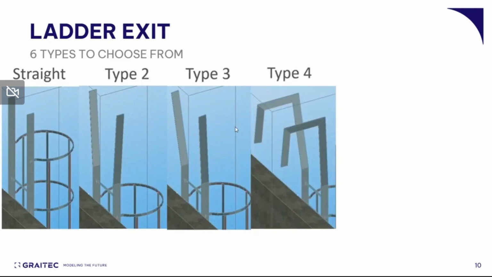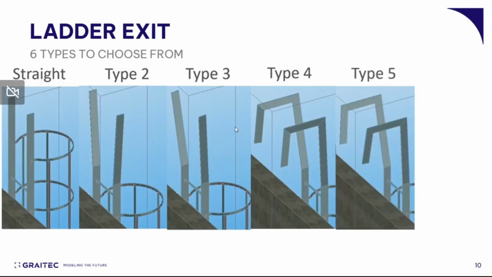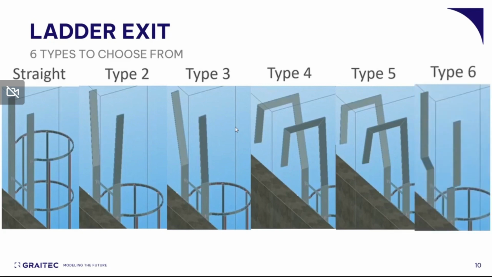Type 4, you've got a hook over the top, but the down part of the hook is vertical, but the front is flared. Type 5, you have a hook and the down part is flared as well as the front part of the hook. And type 6, the stringers stay parallel, but they step outwards, as you can see, to get to a wider width to make it easier to climb off. And that's probably the one I would think is more likely to use most of the time.